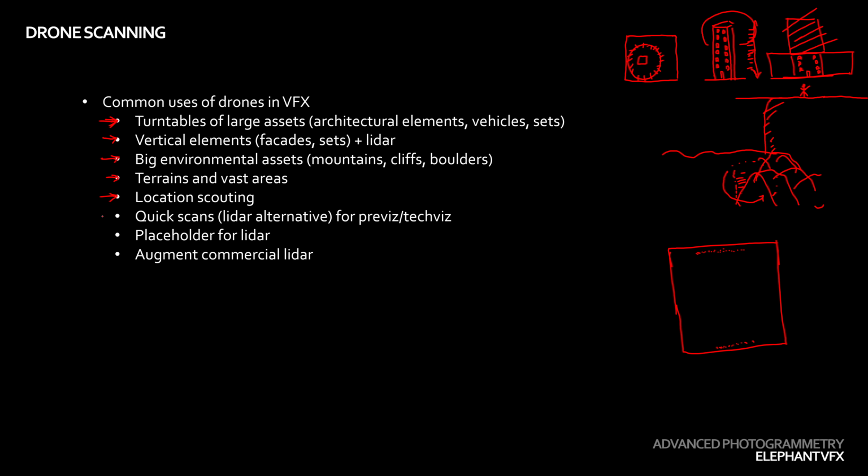Then we use the drone also to do quick scans, right? And LiDAR alternative. What is this? Well, imagine that in pre-production, kind of the same thing, right? You know that there is going to be a battle here in the movie, and here in the middle there is a huge rock, for example, right?